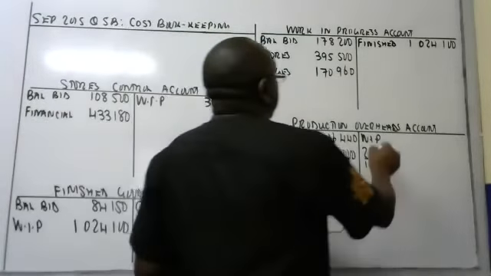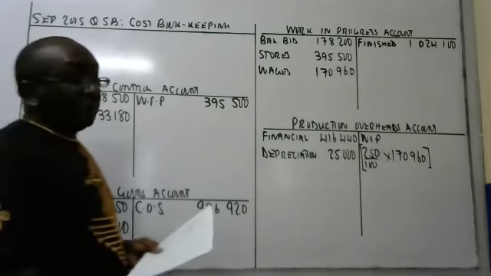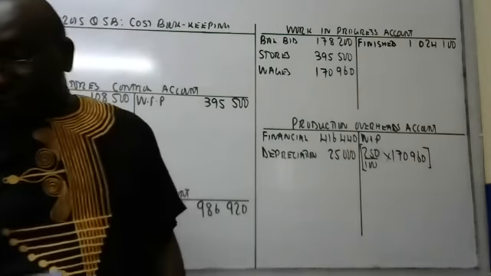And the direct wages is 179,60. So work out that and give me the figure.